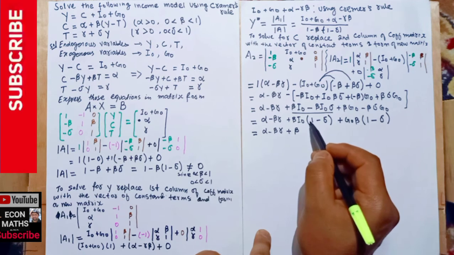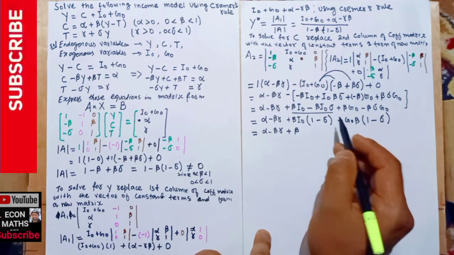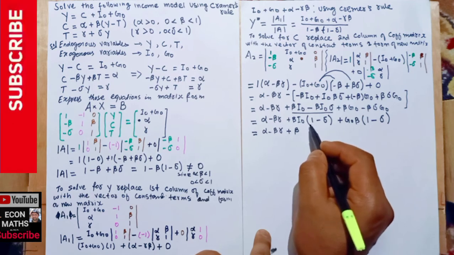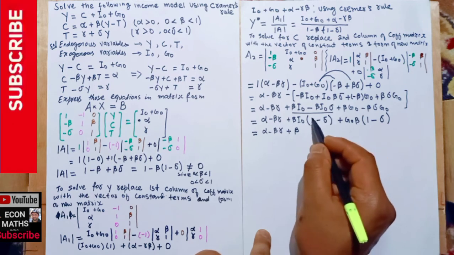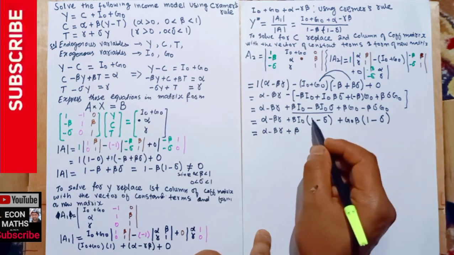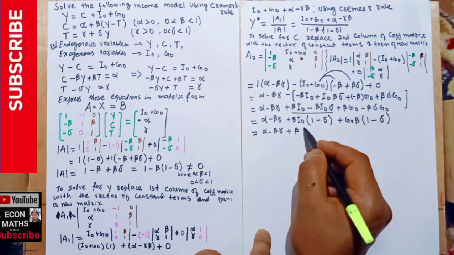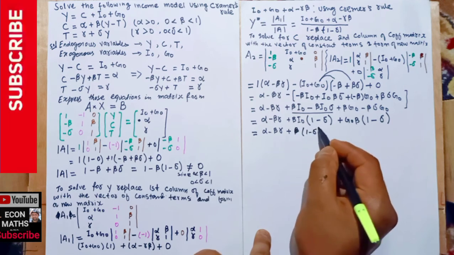Here it is 1 minus delta and 1 minus delta, so I will factor this out, that is 1 minus delta first.